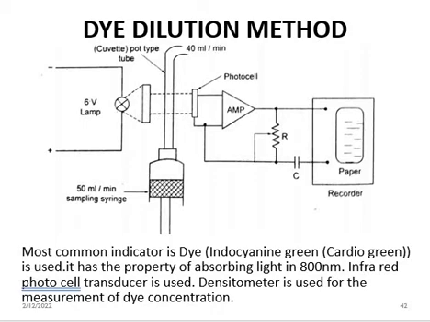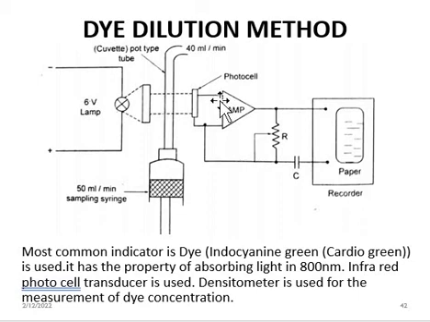It absorbs light of wavelength up to 800 nanometers, and an infrared photocell transducer is utilized. This one is the lamp and this is the photocell, and that photocell will detect the amount of light incident on it. Initially, when the dye is heavily concentrated, the light received on the photocell is minimum.